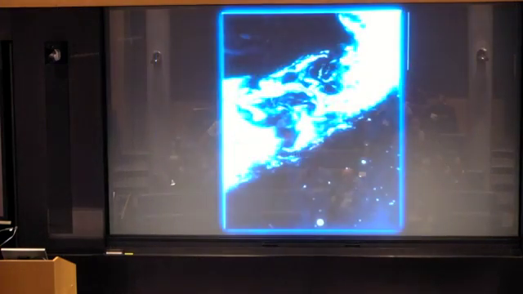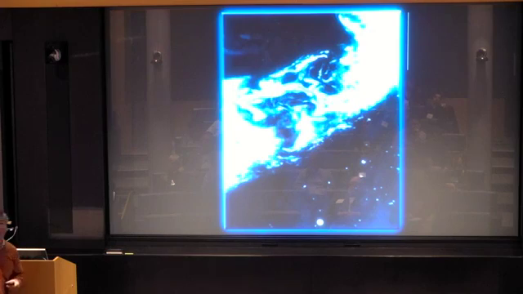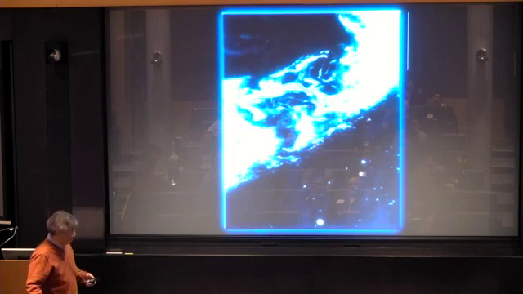So this is not a simulation. I'm motivated by pictures like this. This is an image from a DMSP, that's Defense Meteorological Satellite Program's satellite, which orbits the Earth at about 800 kilometer altitude, and it's looking down onto the top of the ionosphere around the F layer, which is about 300 kilometers in altitude.